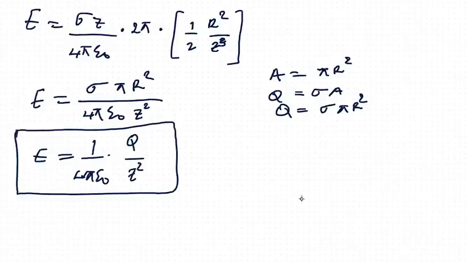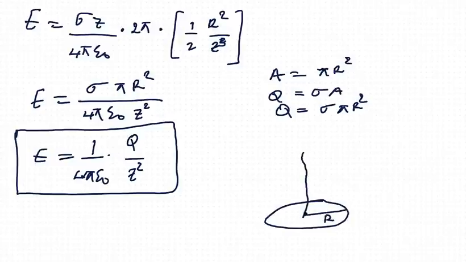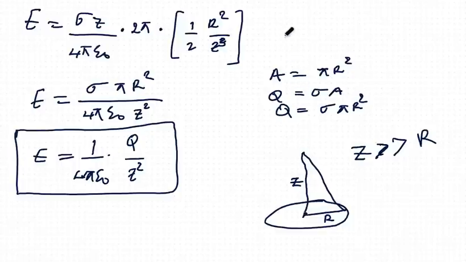Initially what we have is this circular disc. This is R and here is Z. This is what we have before. In the case where Z is much greater than R, as Z increases, the radius becomes smaller.